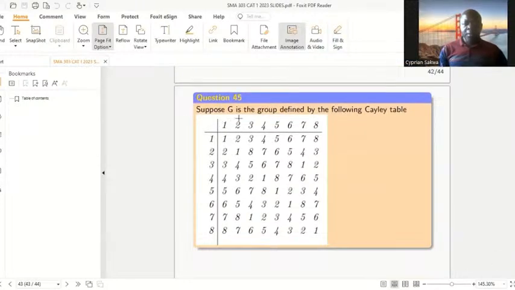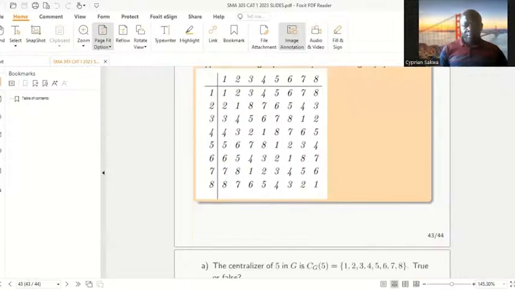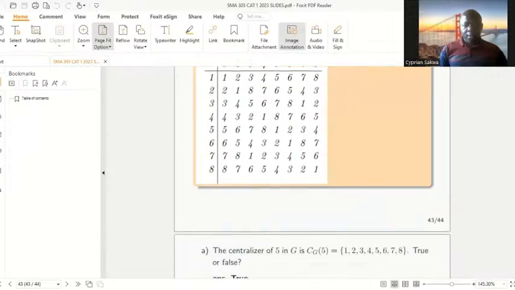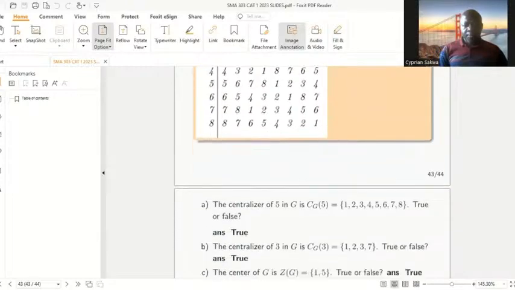Suppose, for this first question, G is a group defined by this Cayley table. The centralizer of 5 in G is this set comprising 1, 2, 3, 4, 5, 6, 7, 8.